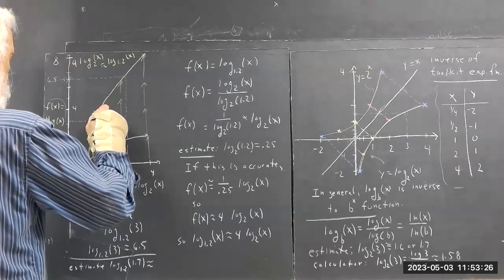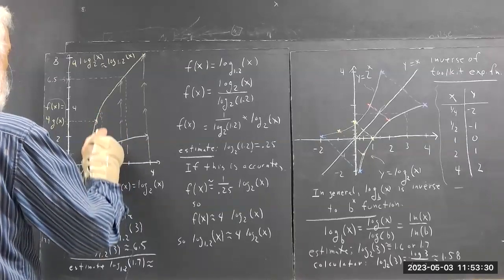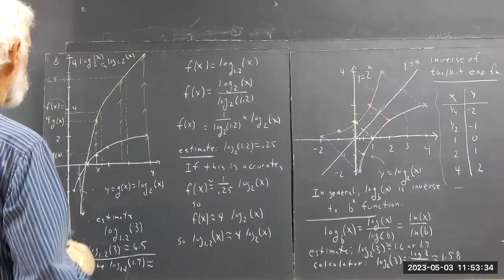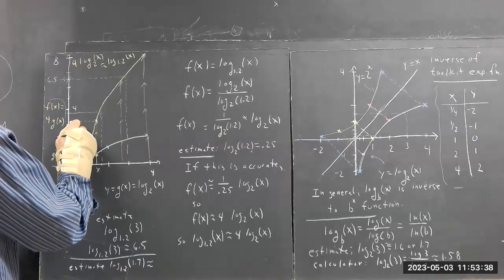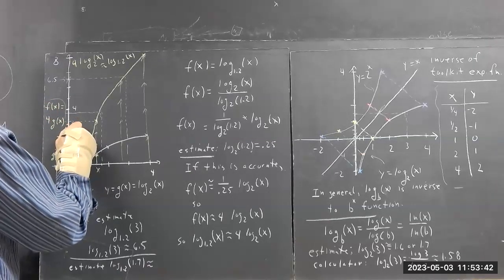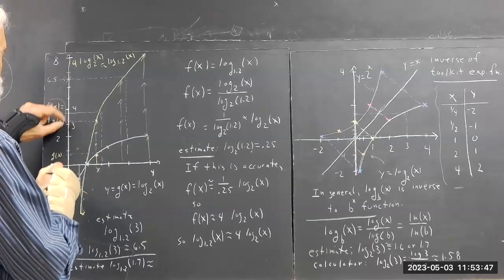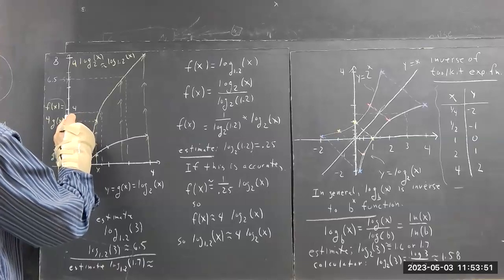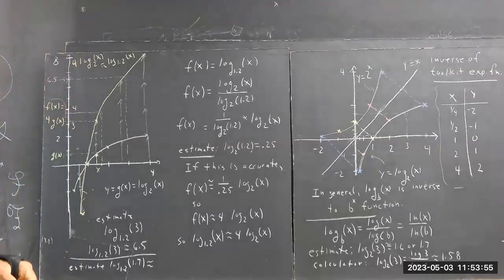So if I come straight up from there and across, I did that honestly. Well, here's 2 and here's 4, so here's 3. Now here's my estimate. Here's 3 and here's 4. Halfway would be about here. And I'm estimating 3.75.